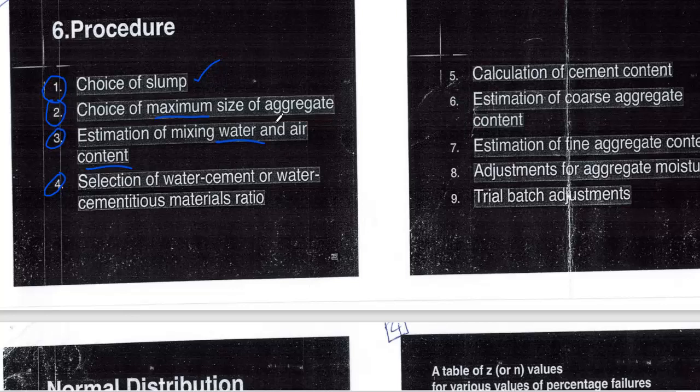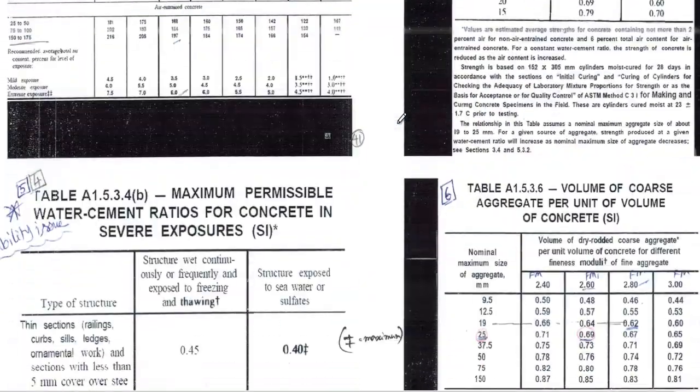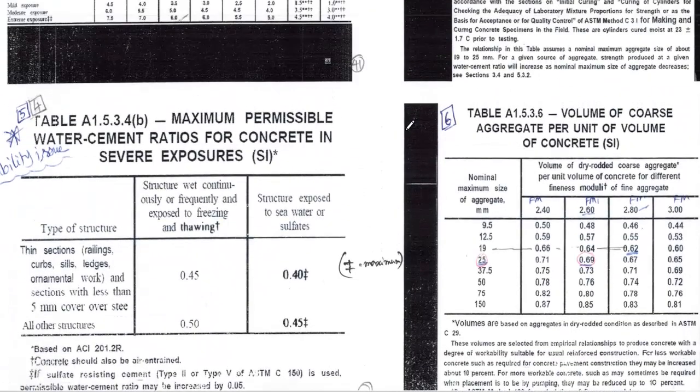So finally you need to calculate the cement content. Once you calculate the amount of cement, then you can calculate the coarse aggregate content. You can decide the coarse aggregate content this way. You know the FM value, right?